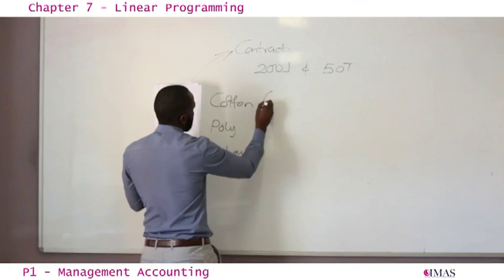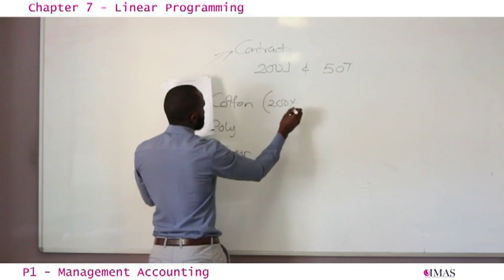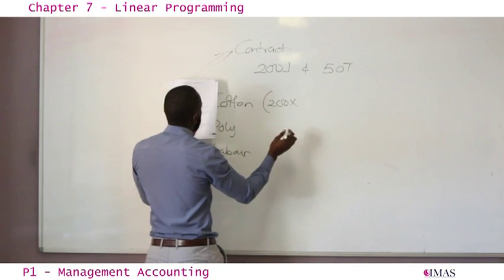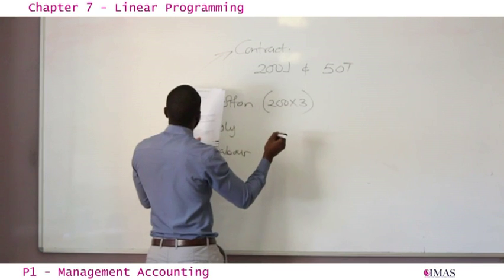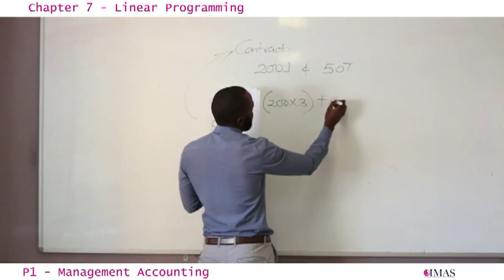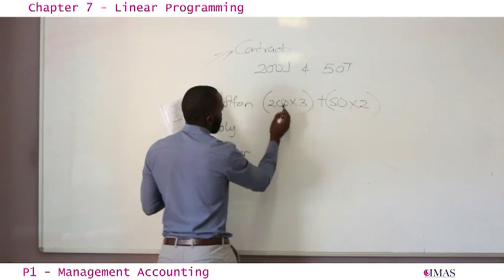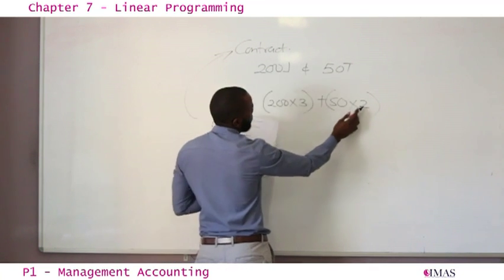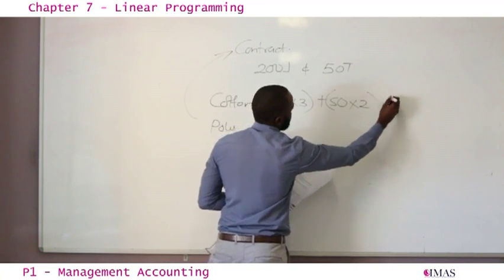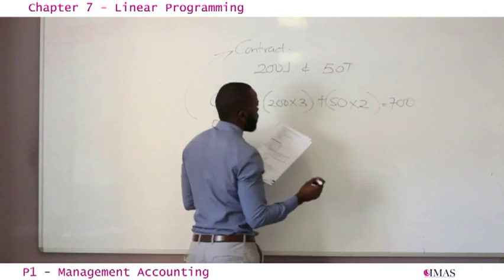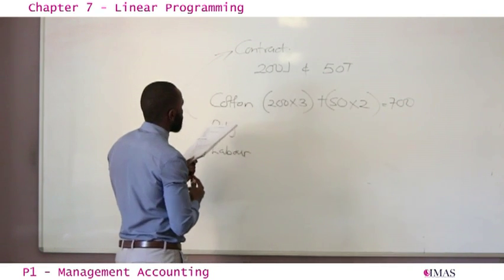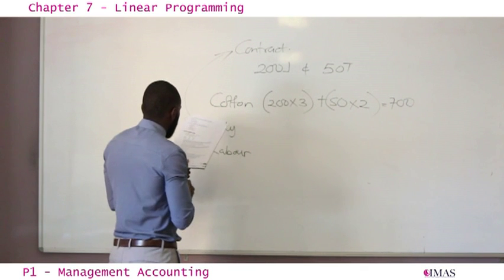For cotton, 200 jackets are going to take 3 meters each, plus the 50 trousers each will take 2 meters. So 200 times 3 is 600 plus 100. So 700 meters of cotton are going to go to the contract.